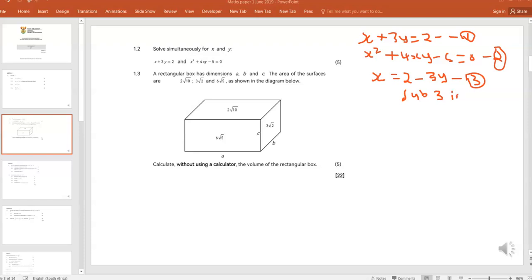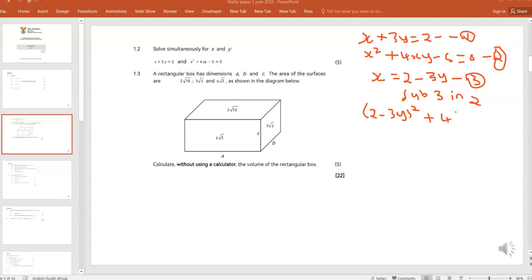So now whenever you see x in number 2, you're going to put the whole thing, 2 minus 3y. So there's x there, and you're going to put the whole thing, (2 minus 3y), squared. And then plus 4 times x again.